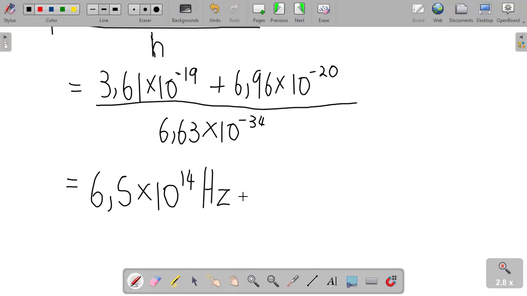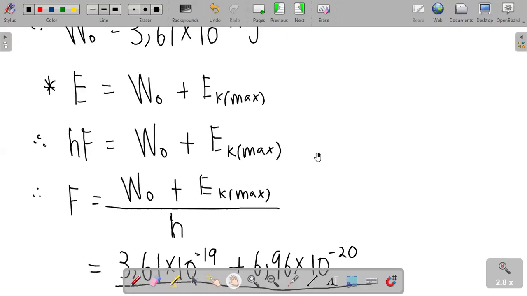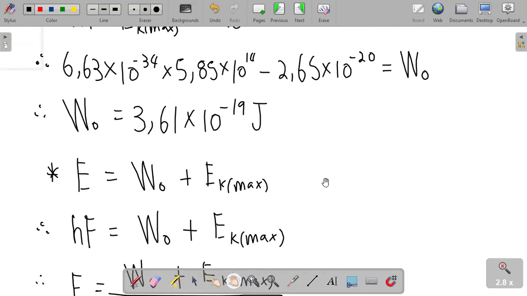So this is the frequency for the light that emitted this frequency, meaning for the blue light. We know it's the blue light because there is red, green, and blue. You can see the frequency here is even higher than the frequency previously. The frequency was 5.85, I meant to say.